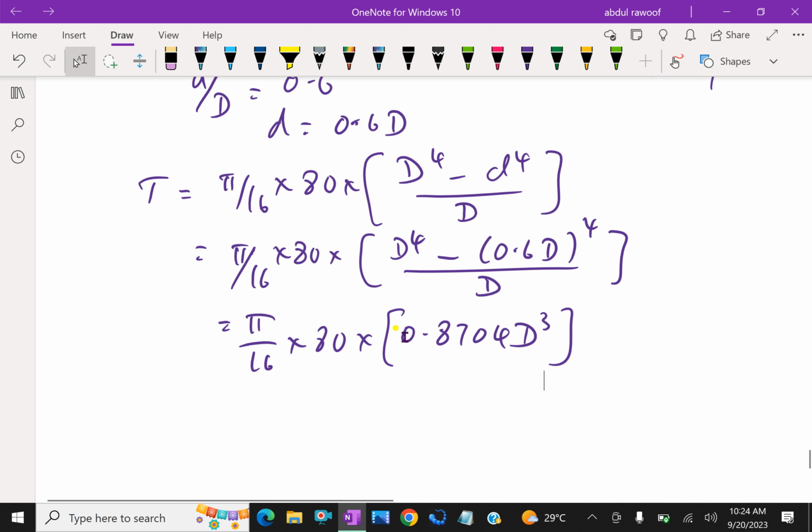Then after simplifying we will get 0.8704 D cube.